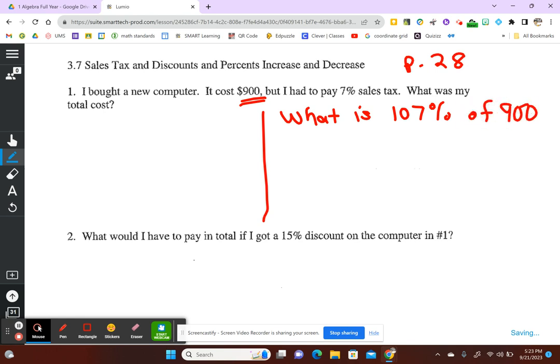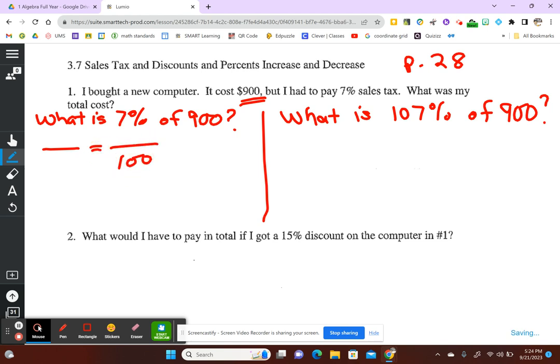Because you're not going to pay 900, you're going to pay more. How much more? 7% more. The other way to look at it is to just calculate what is 7% of 900 and then add that to the 900.